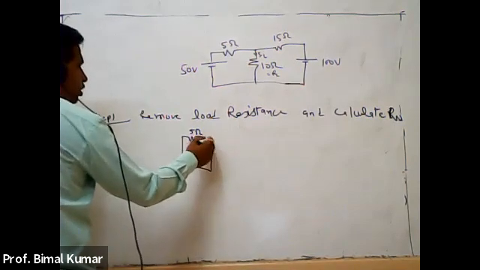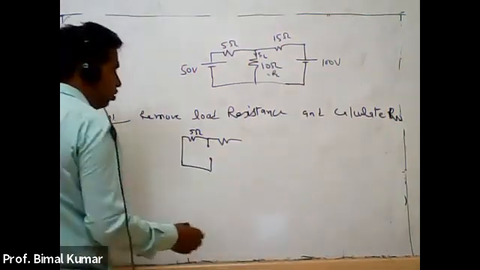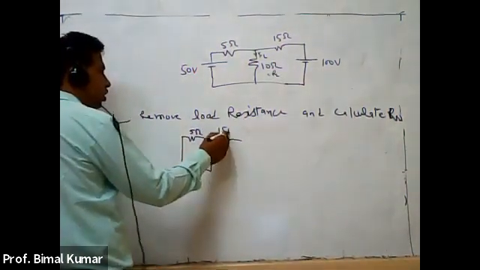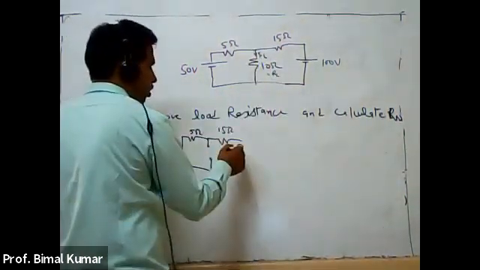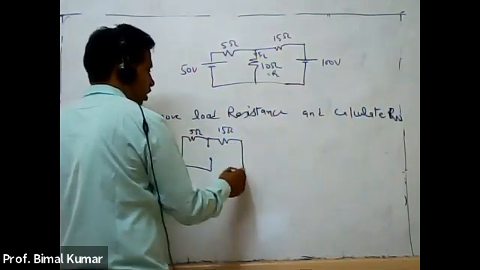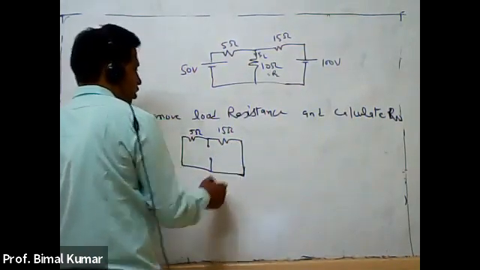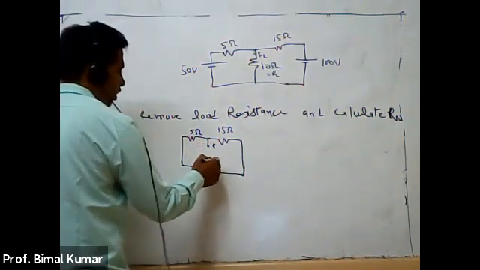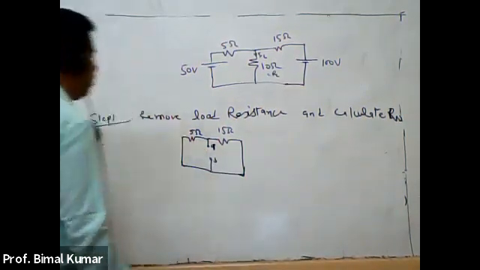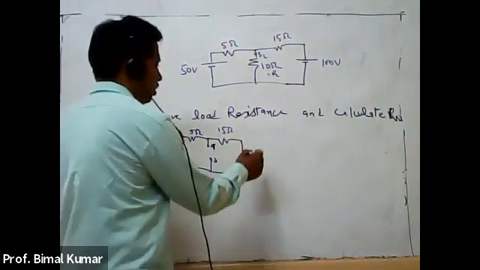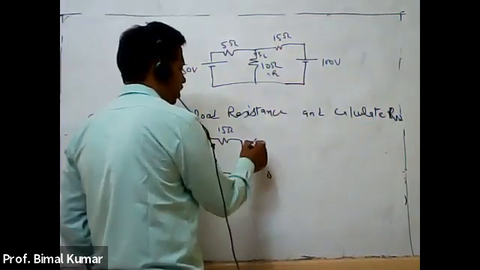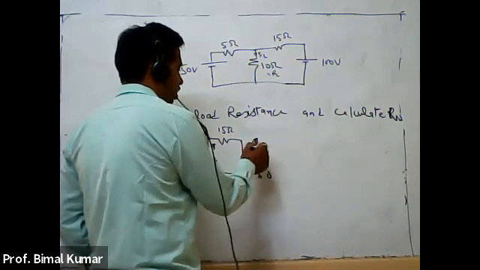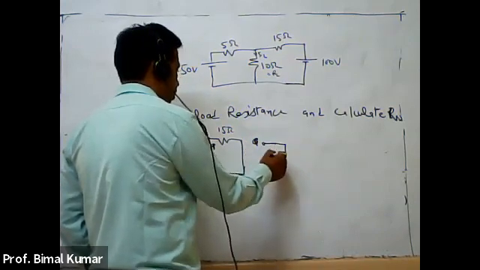From this point, I am removing the load resistance, and here it will be the resistance of 15 ohm, and this voltage source will be short circuited again. Now this is the network which has A and B as the output terminals.